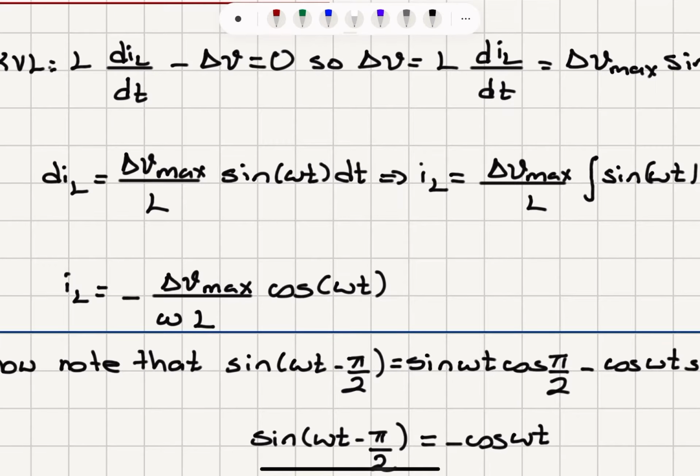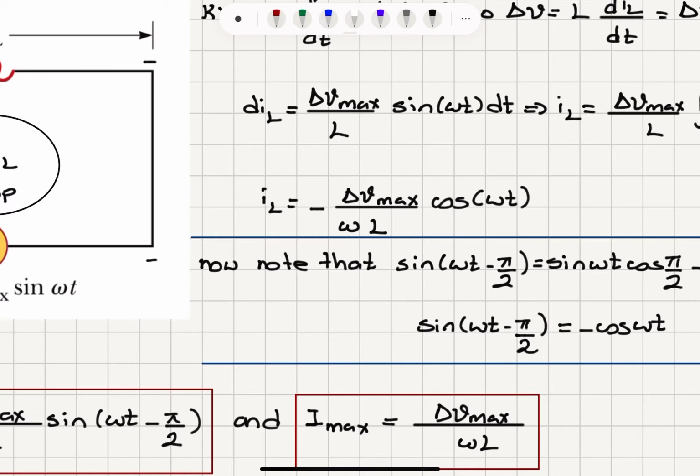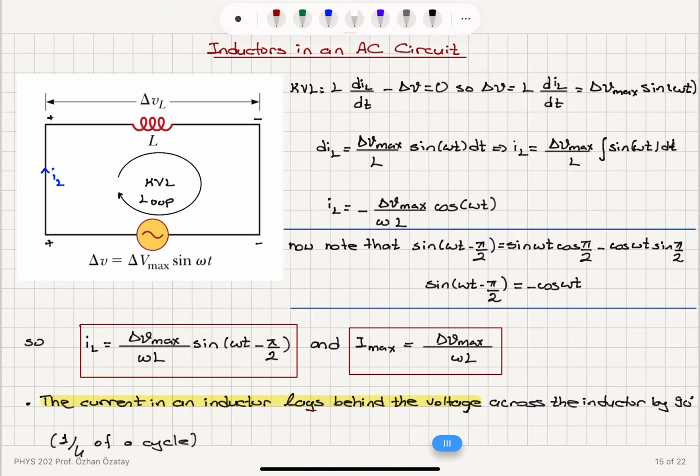That will become minus 1 over omega cosine omega t, since the derivative of cosine is minus sine. So now we have a minus cosine omega t in the current and sine omega t in the voltage.